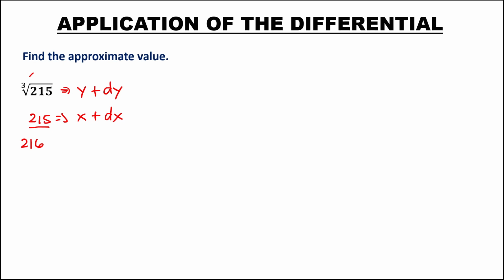So we have 6 times 6 times 6, that's 216. So this is 216 minus 1, and that's 215. This is now x plus the dx. Therefore, x is equal to 216 and dx is negative 1.